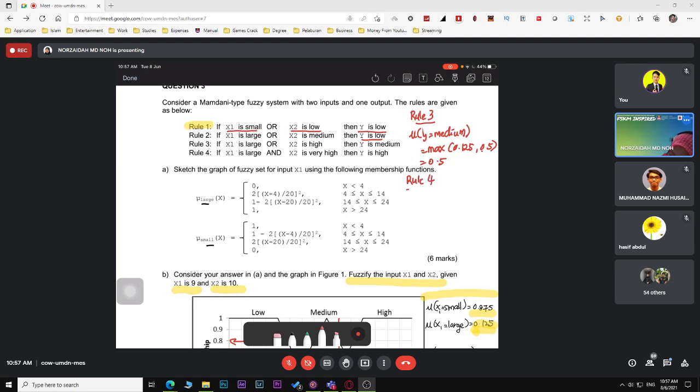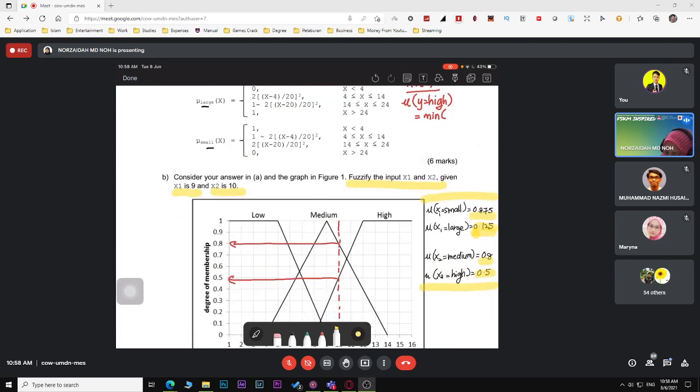Mu y is high, this is equals to, okay, kalau kita tengok dekat sini, connector dia AND. AND dah tak boleh guna max lah. So we will use minimum. Correct. So we will find the minimum value for X1 is large and X2 is very high. Okay, kalau kita tengok dekat sini, X1 is large 0.125, X2 is very high, berapa?